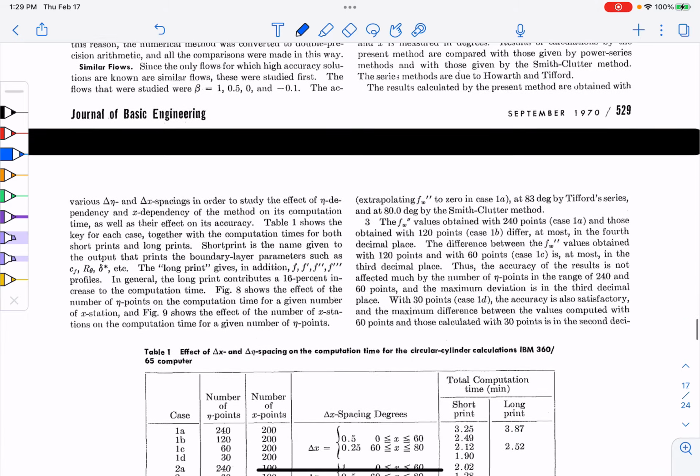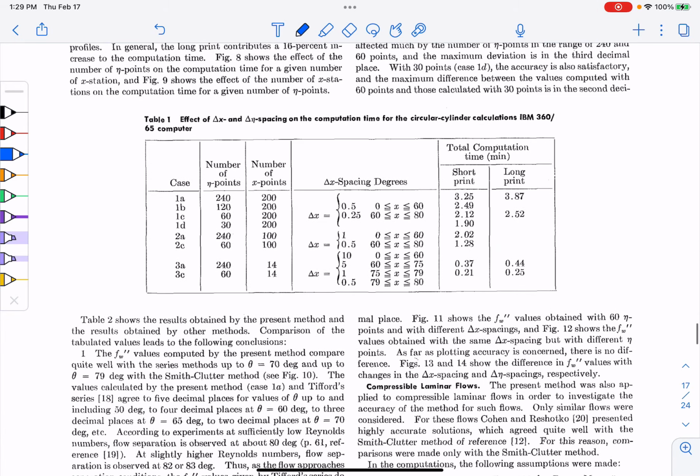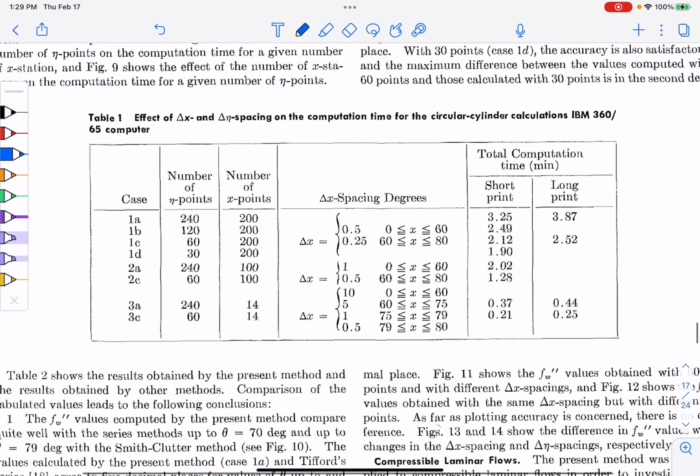The last thing I want to point out in this paper, which I personally enjoyed, is the benchmarking, because I used to do some benchmarking work on machines in my 20s. And he basically has different cases, and he has number of points, and this should be the number of points in the y direction, and this is the number of points in the x direction.